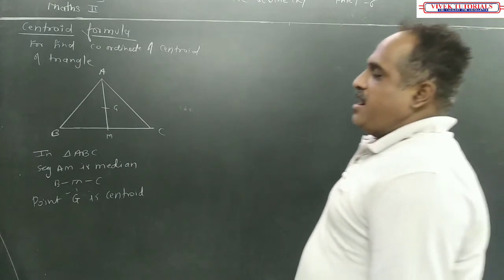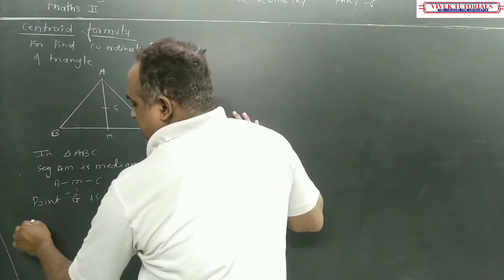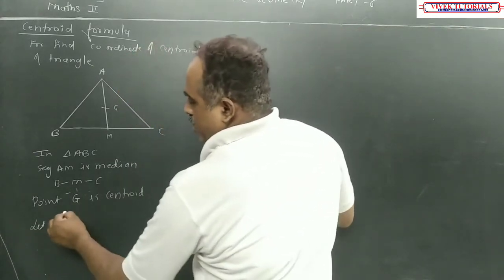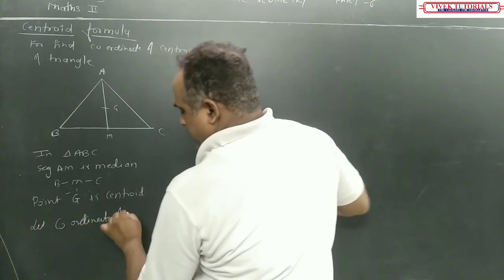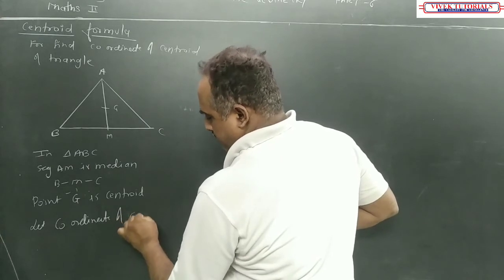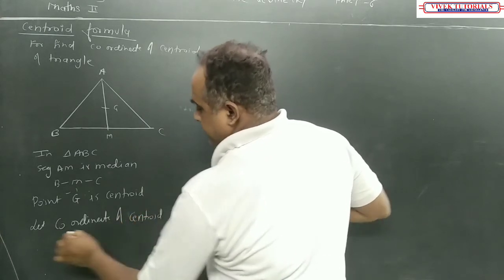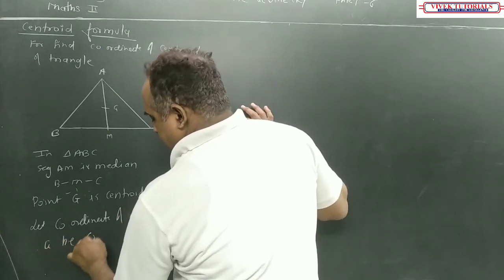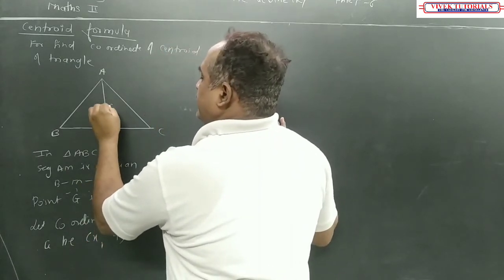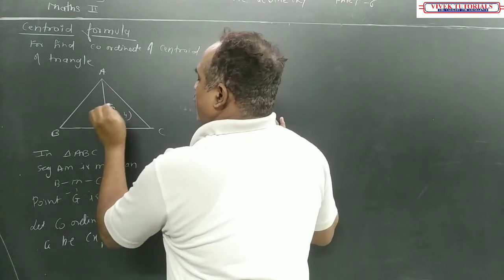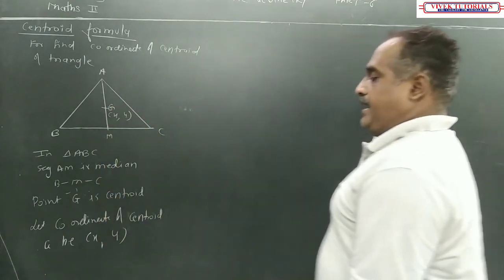Okay. Now what I can write is let co-ordinate of centroid G be x y. इसको हम लोग लेते हैं ये G को x y. Okay.